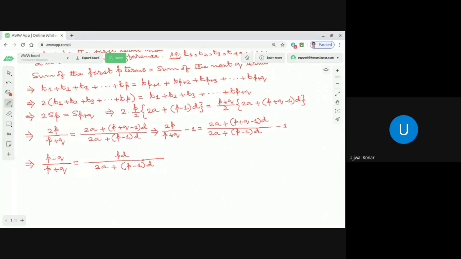Q into D, not P into D. Correct, no? Because 2A plus PD minus PD will get cancelled, minus D plus D will get cancelled, QD. Yeah, this you will get.